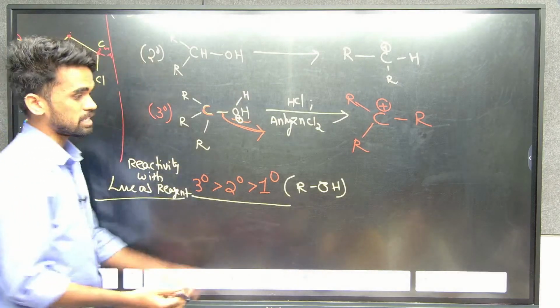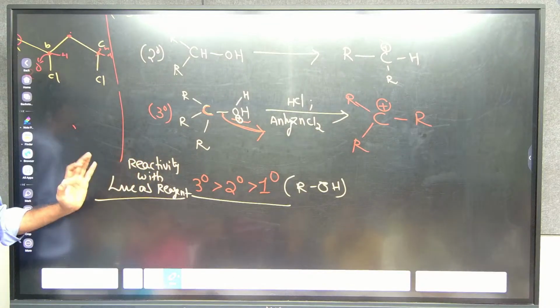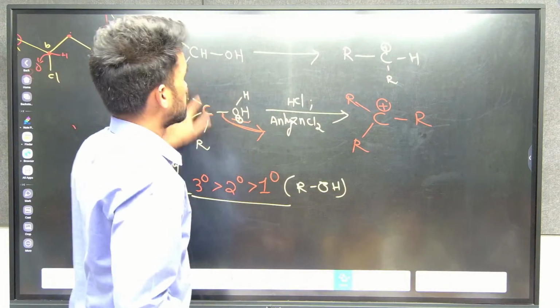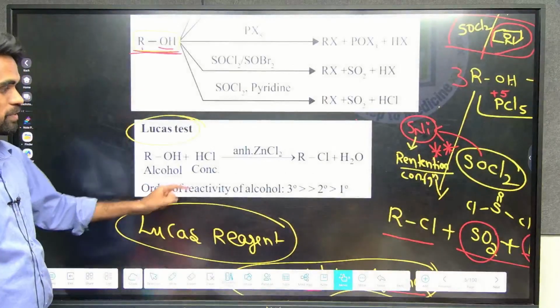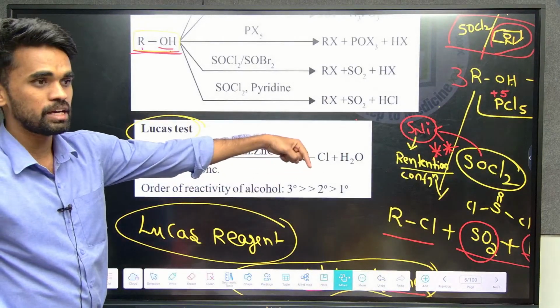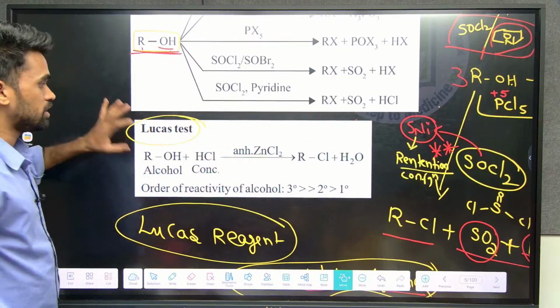This is the reactivity of alcohols. Everyone remember this? Yes. Okay, already it is mentioned here. Order of reactivity of alcohol: 3 degree, 2 degree, 1 degree. Clear everyone? Yeah. Next.